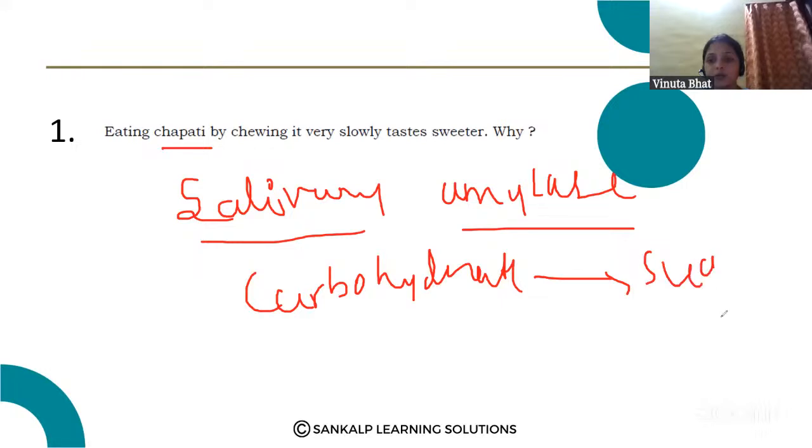The enzyme present in our mouth, salivary amylase, breaks down the carbohydrate into sugars. So eating slowly, chewing it very slowly, tastes sweeter.